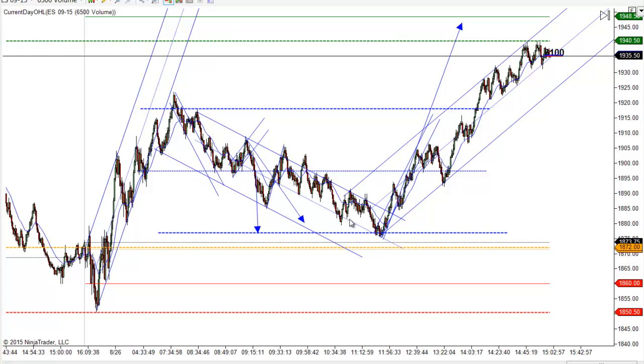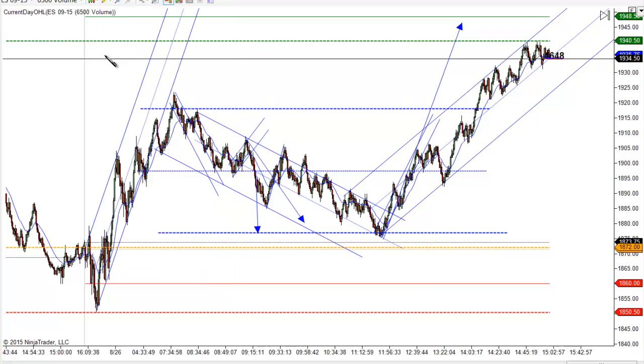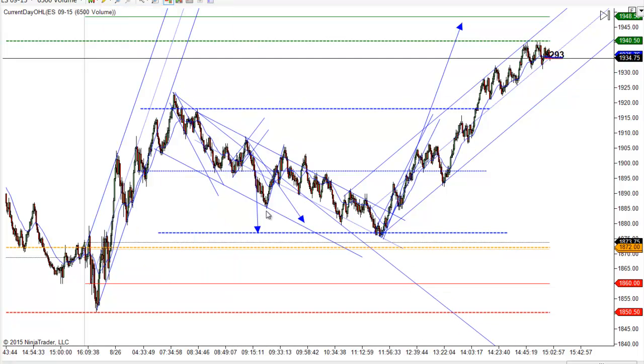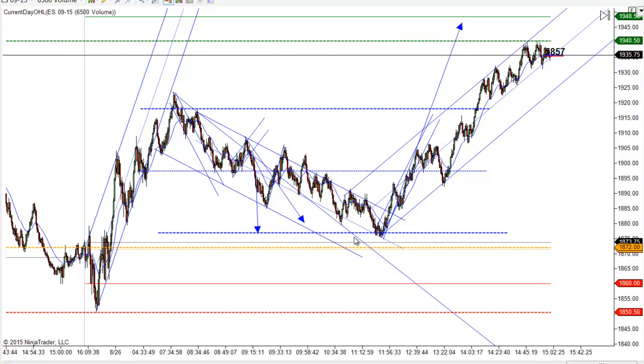You could have looked at this a couple of different ways. I think there's a two-tiered channel here, but really, if you saw it like this, that's okay too. But you're breaking your new low, and then we continue to go lower. So that's probably a shorter term trend in there, inside this bigger one.